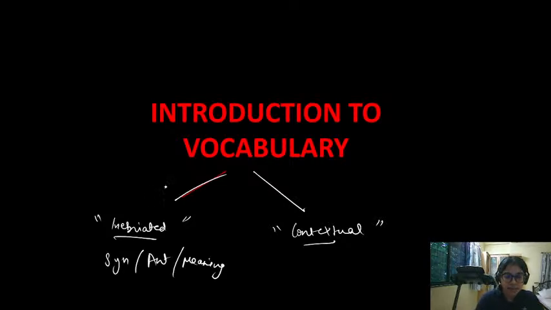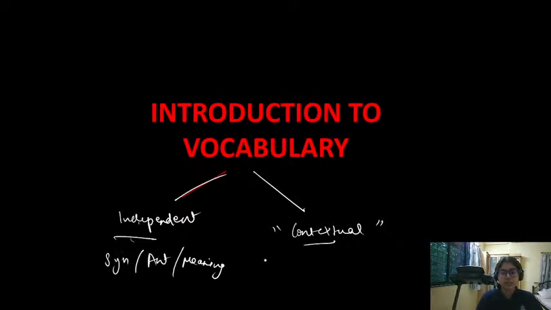One is independent. The first way is independent. The word is completely independent, not used anywhere, and you have to give a synonym, antonym, or the meaning of it.